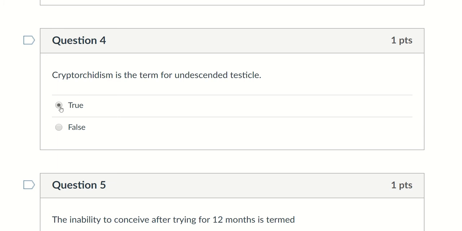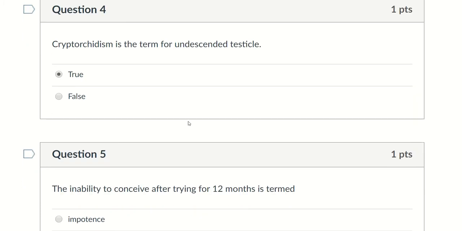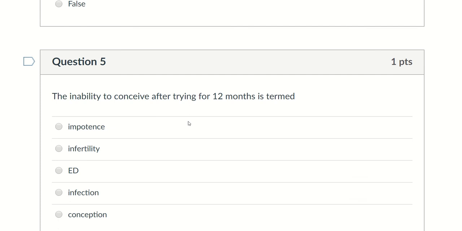True. Everyone agrees? Crypto means kept inside, hidden, like a body in a crypt. Cryptic writing is hidden. Orchid means testicle. So if your testicle's undescended, is it hidden? Yeah. So not too bad. The medical terminology will help you on that one.